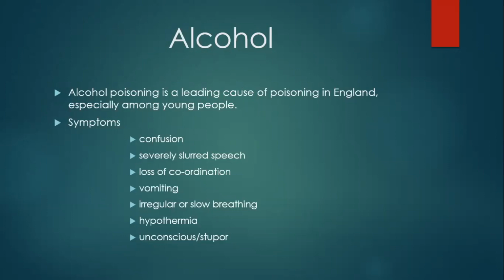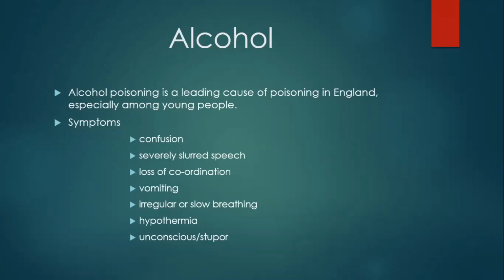So obviously the symptoms of somebody who's heavily intoxicated: they're confused, they've got slurred speech, no coordination, they may be vomiting, they can have slow or irregular breathing, especially if they're very, very drunk. They can have hypothermia, and they can also have hypoglycemia as well, especially if you're diabetic, or sometimes if you've just not eaten, you can end up hypoglycemic and drunk at the same time.